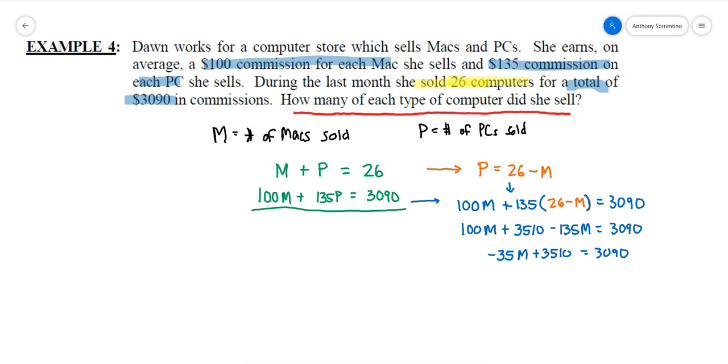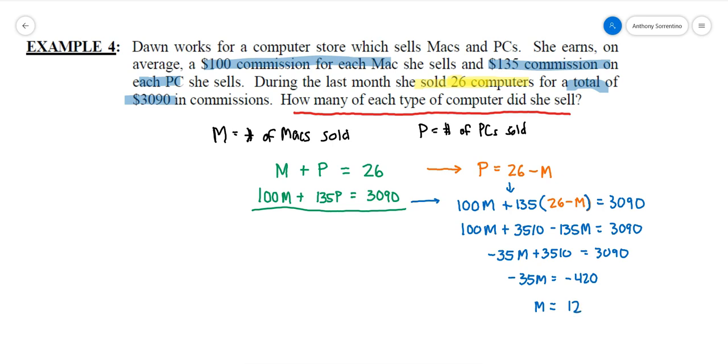Now I have one variable, M, so I can use the basic equation solving techniques. I'm going to subtract 3,510 from both sides, and I'm going to get negative 35M equals negative 420. And then when I divide both sides by negative 35, I get 12.